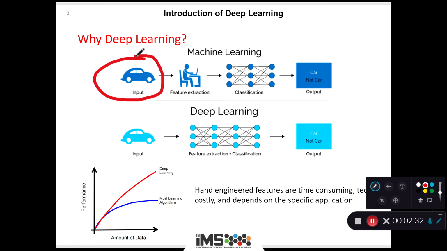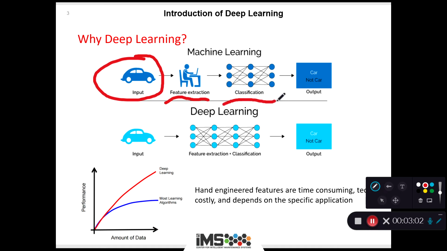But we don't actually take the raw input as the input to the model. First, we do feature extraction. We may extract some manually designed features for our recognition. Maybe we'll know how many wheels are in the picture, is there glass in the picture, some features like that. And we use those features as input to our machine learning model.